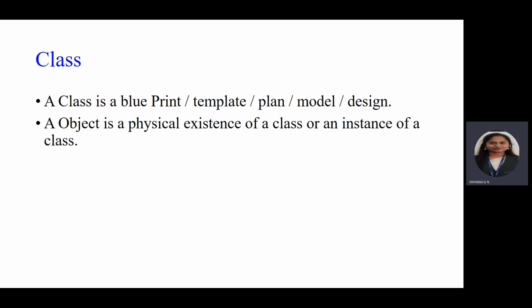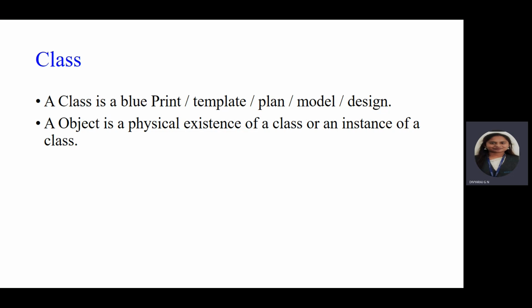You can call all of these a class. And what is an object? An object is the physical existence of a class, or the outcome of a class, or technically we call it an instance of a class. Note down this point because it is very important.